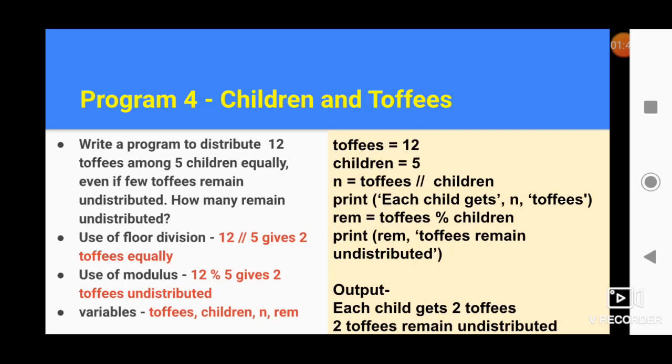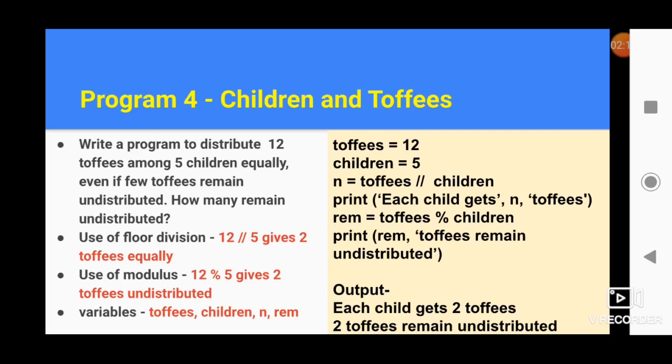Now what we do is use floor division with the toffees and the children. The result of this floor division operation will be 2, because 12 divided by 5 gives 2.4, and floor division gives the value 2, because as we recall from the last video, the floor division operator returns the highest integer less than or equal to the result of the division.